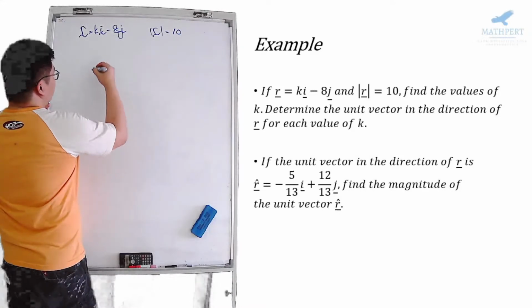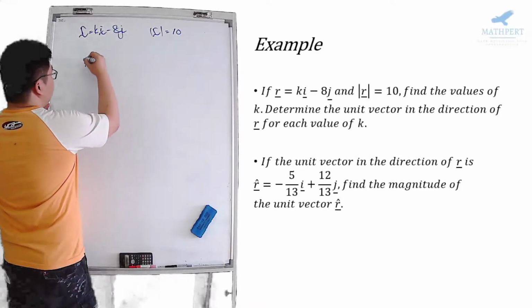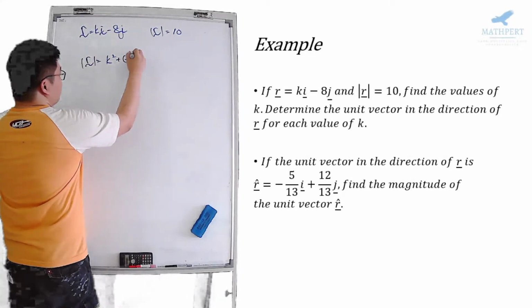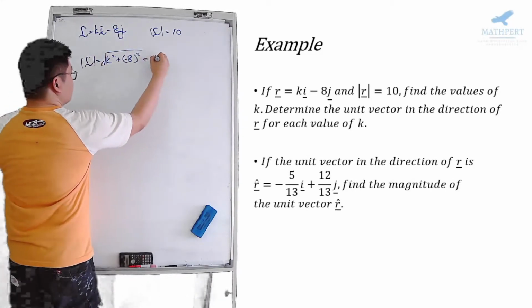So how do we find magnitude? Magnitude of r equals the square root of k squared plus minus 8 squared, equals 10.